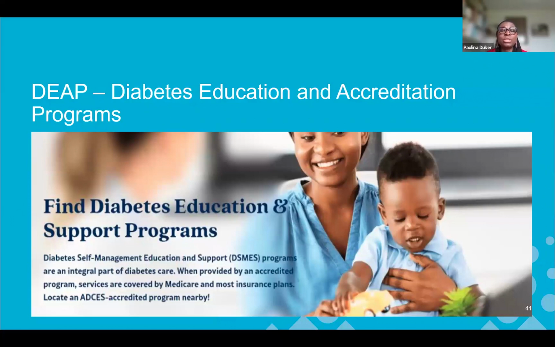This is one way to operationalize formal diabetes education. There are national standards that have to be followed through these accreditation services that both ADA and ADCES provide. Programs can maintain the standards and get reimbursement and assure that these programs are sustainable and are available for people with diabetes. Next slide.